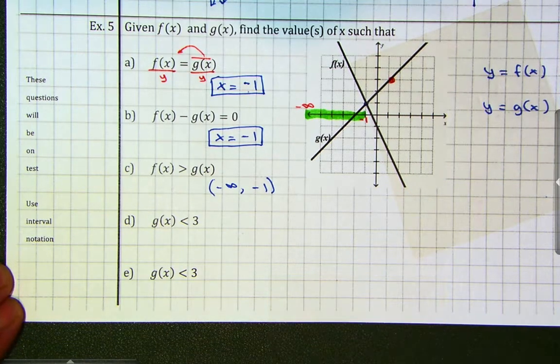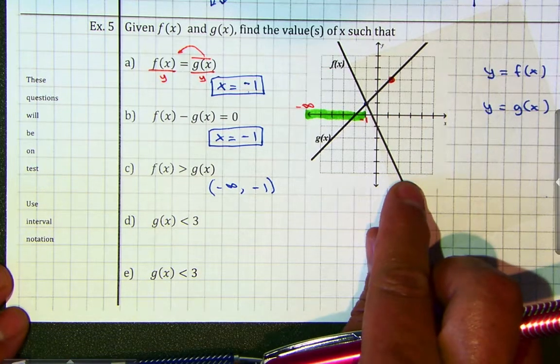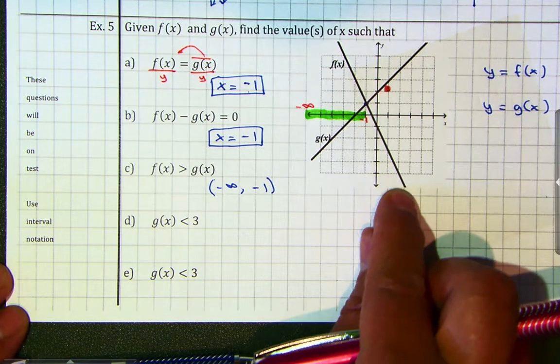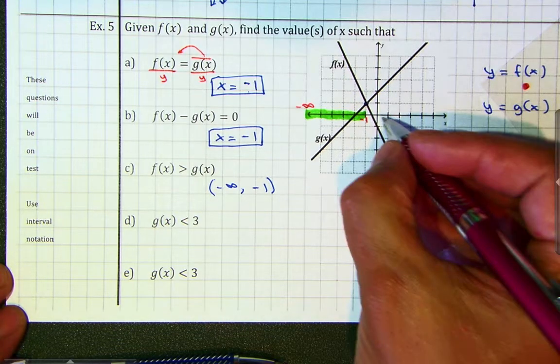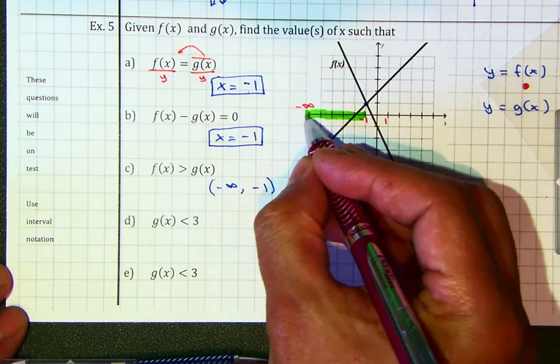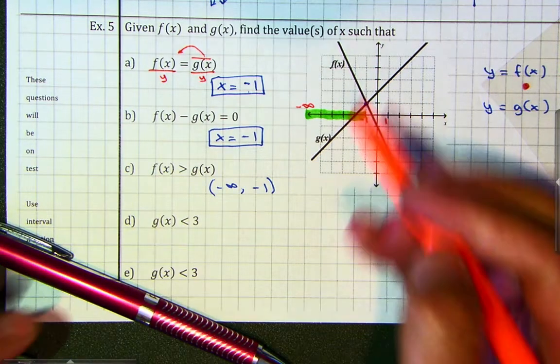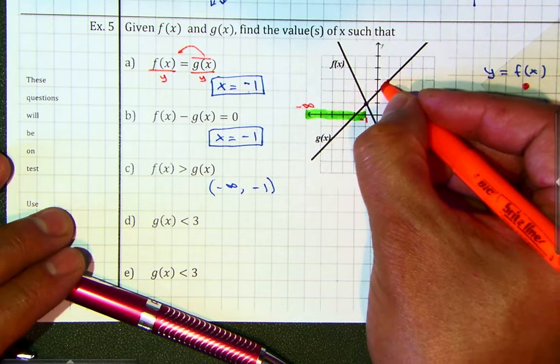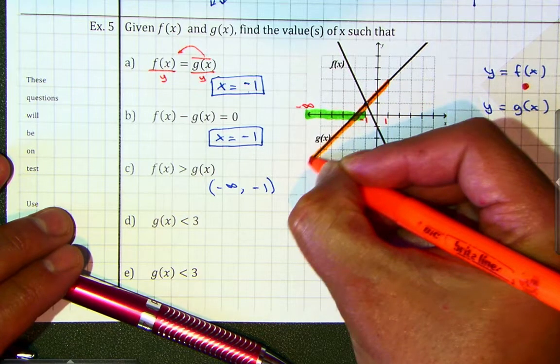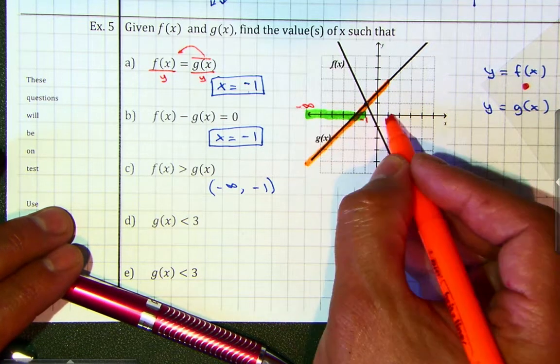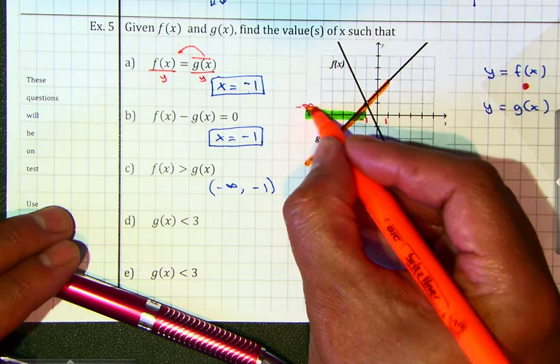So therefore, it's going to be less than 3 at any point over here. But we're looking for that domain. So from negative infinity all the way up to 1.